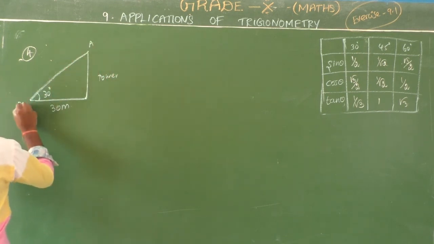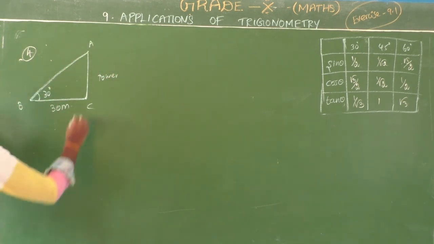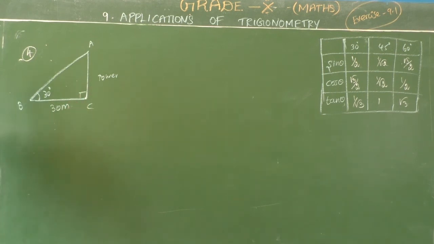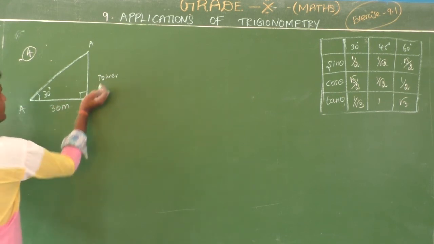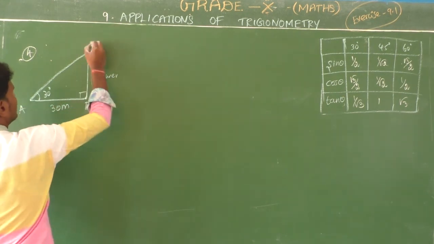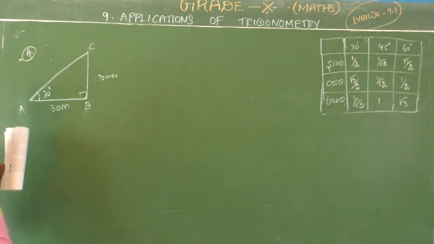Give the name first: ABC, right angle at C. Otherwise, any names are your wish, A, B, then C. So here BC is the height of the tower.